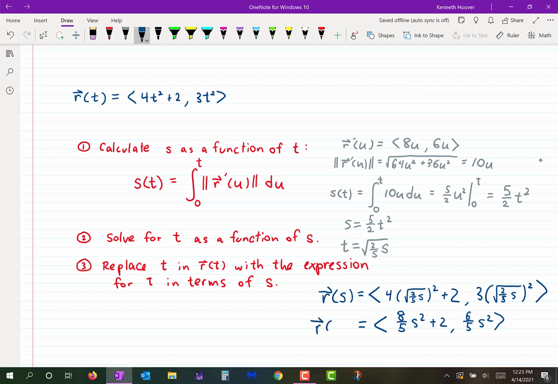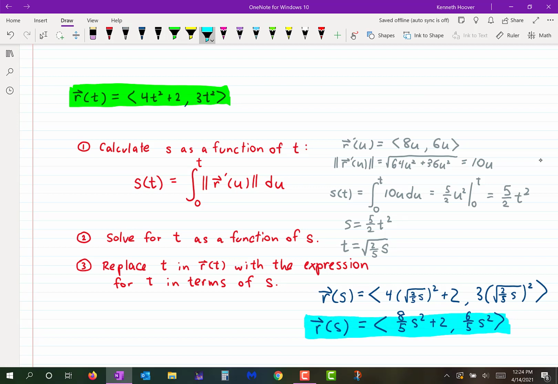So now we technically have two different functions here. I'll highlight in green the one we were given. I'll highlight, this time we'll use blue instead of yellow, our new function. They're technically two different functions, but they have the exact same graph. Okay? It's just that this graph is broken up by units of time, and you could calculate a location on the graph at any time.